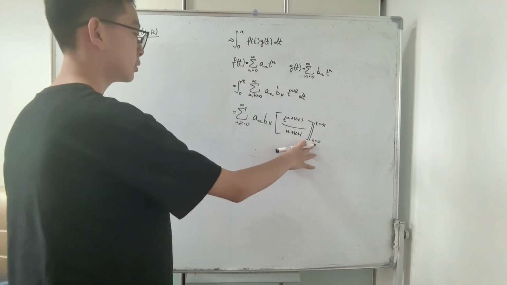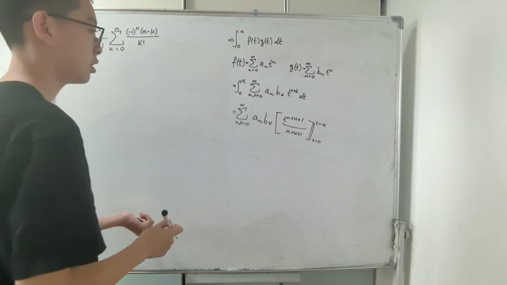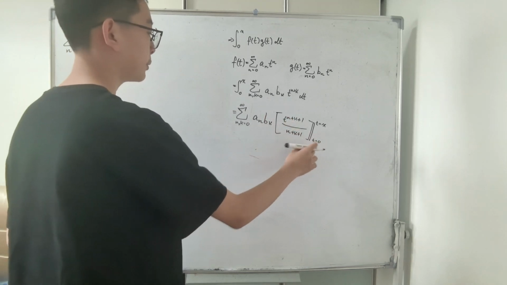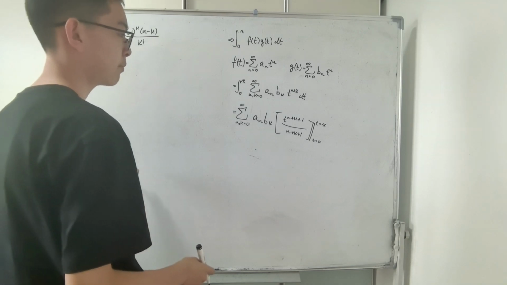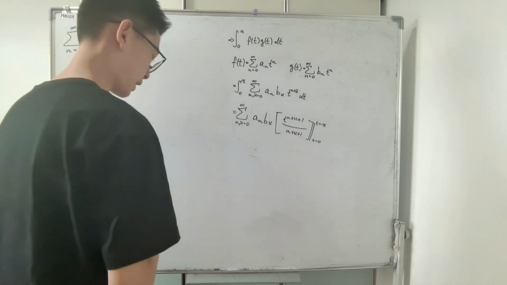If we plug in 0, since n and k are greater than or equal to 0, n plus k plus 1 must be positive, so we wouldn't have to worry about t equals 0. In the x case, we just plug that in.